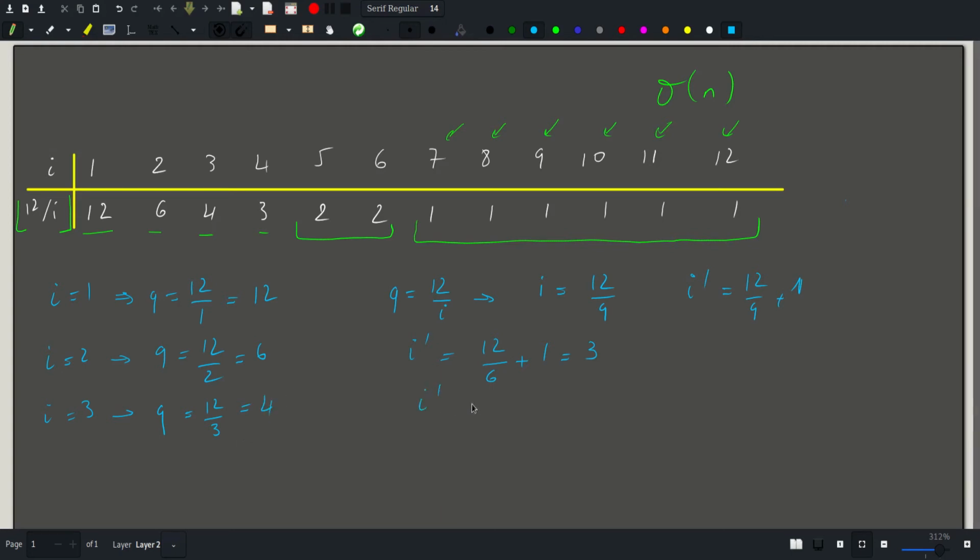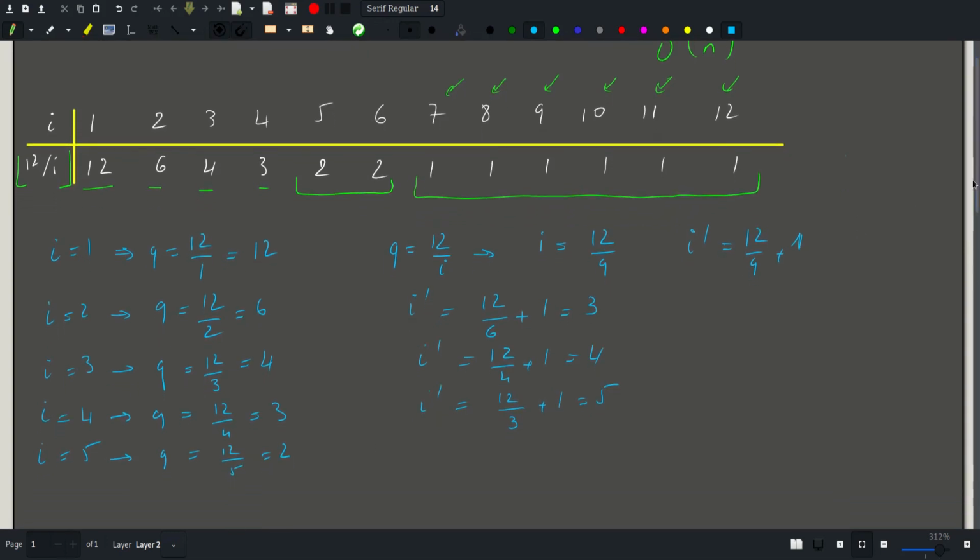And our next value I prime will be equal to 12 over 4 plus 1, which is going to give us 4. So we jump to the next value I, which is equal to 4, and this will give us a quotient that is equal to 12 over 4, which is equal to 3. And this will give us the next value I prime, which is equal to 12 divided by 3 plus 1, which is equal to 5. So our next value I is equal to 5, and it gives us a quotient that is equal to 12 divided by 5, which is equal to 2.